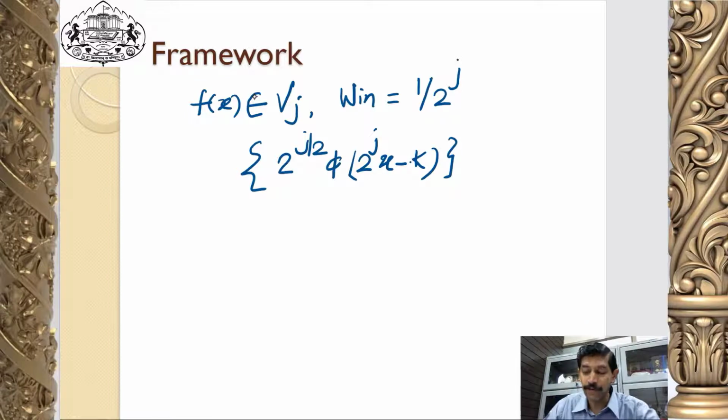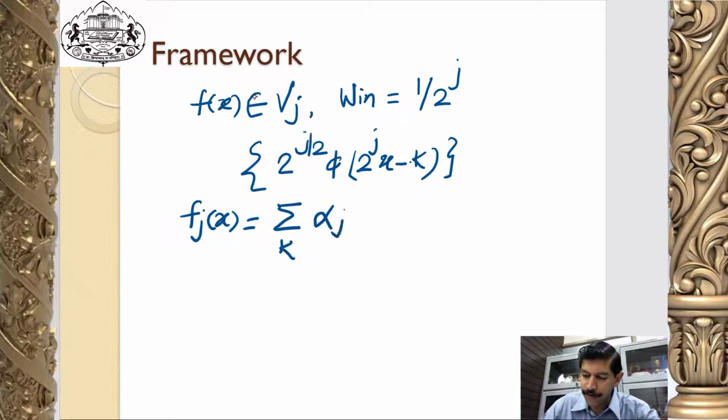So this is the span of operation, and then we can always write down f j of x to be equal to summation over all the k values, because k is my translational parameter, of alpha of j of k into 2 to the power j by 2 and phi of 2 to the power j x minus k.